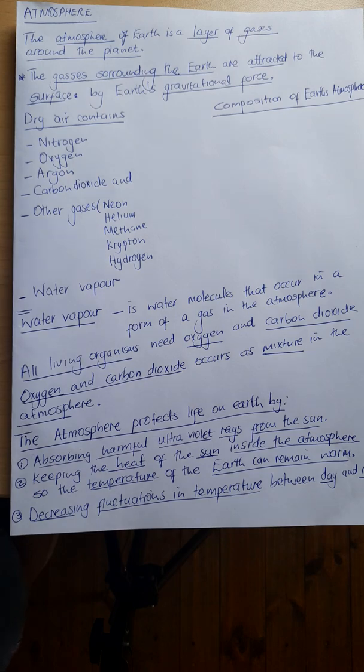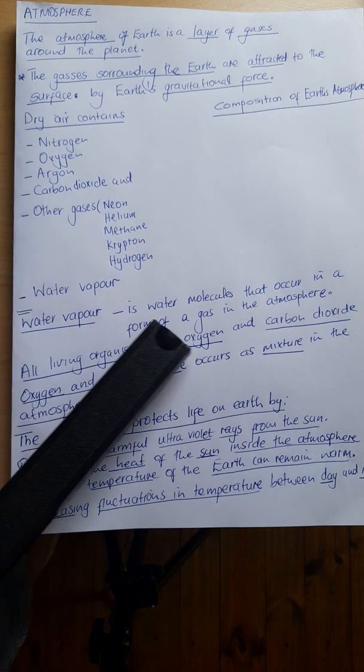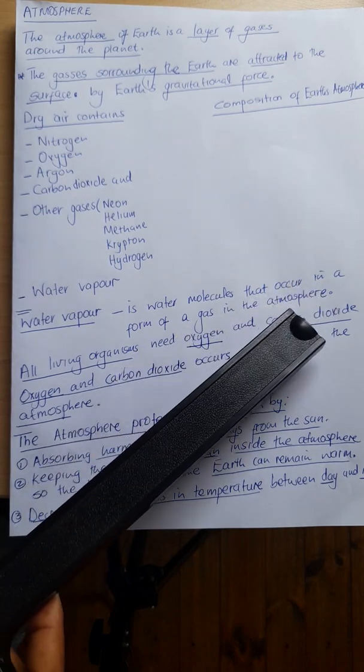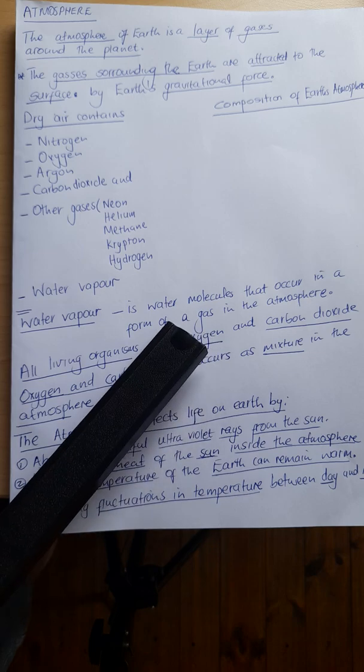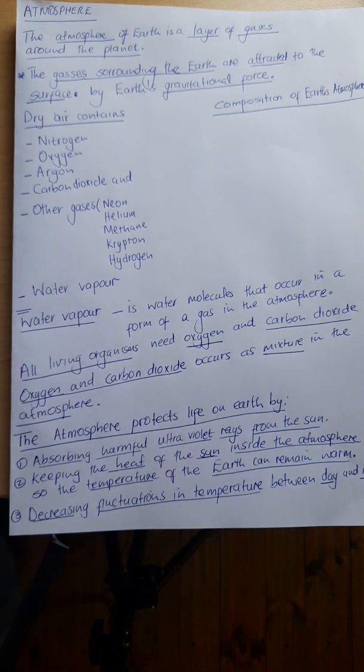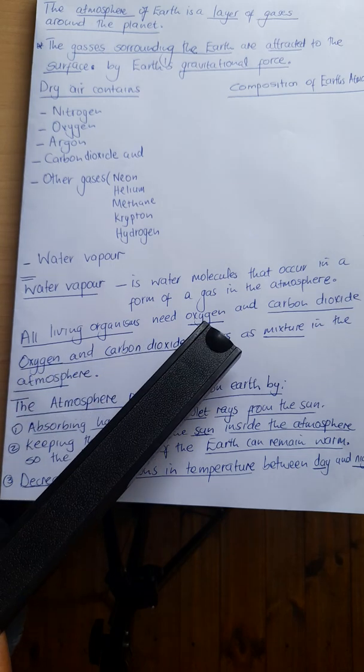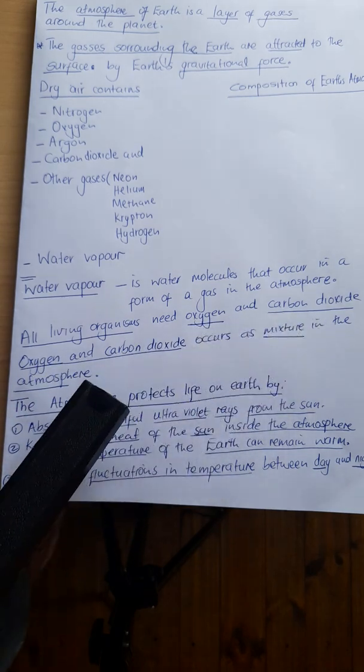And we also have water vapor in the air. They say water vapor is water molecules that occur in the form of gas in the atmosphere. It's water molecules, but they're in the form of gas in the air. All living organisms need oxygen and carbon dioxide.